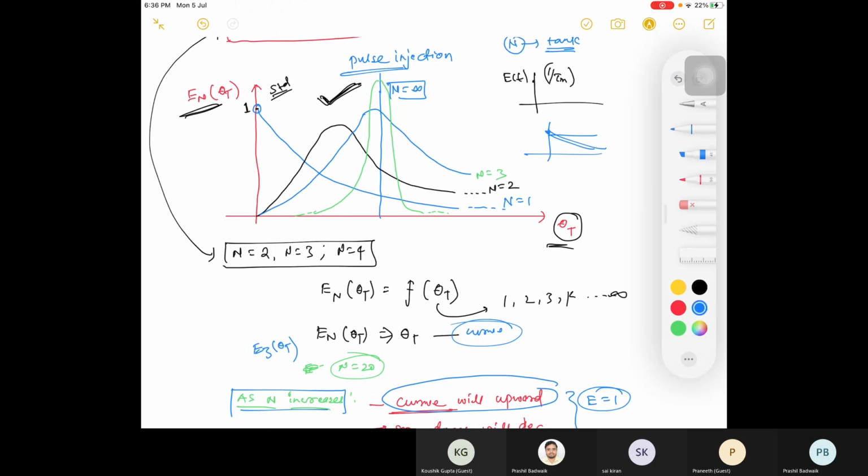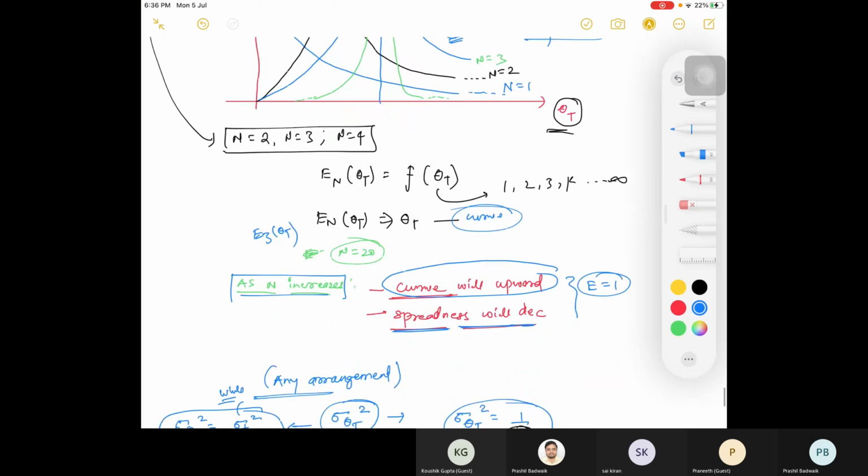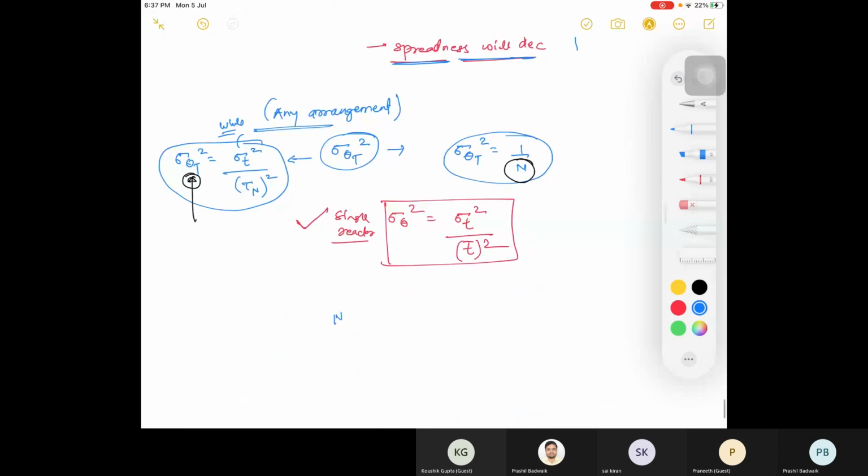So you will get n, and you can represent non-ideality in terms of number of tanks. If n is low, then you have a CSTR kind of arrangement, and if your n is high, then you will have a PFR kind of arrangement.